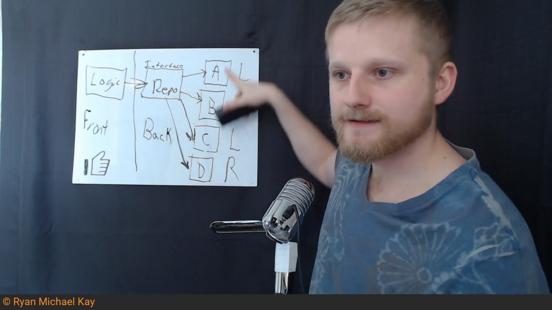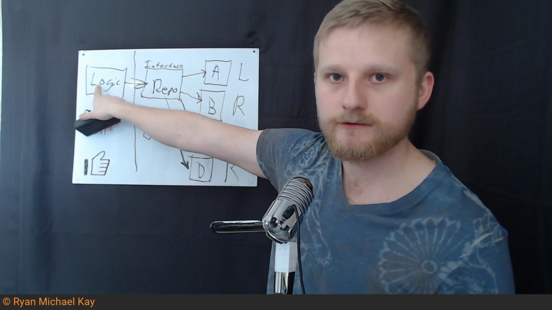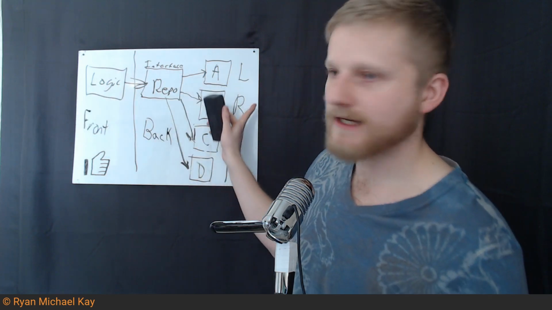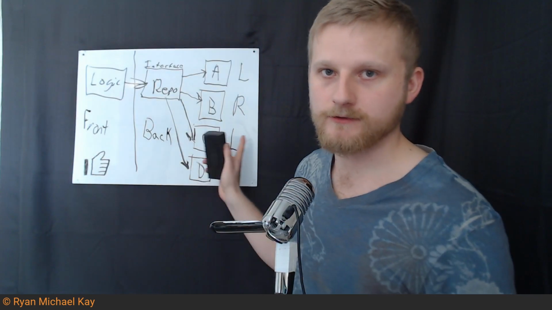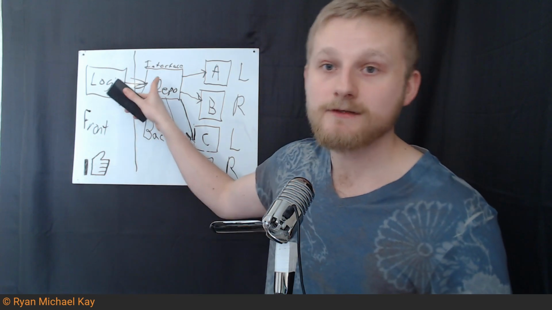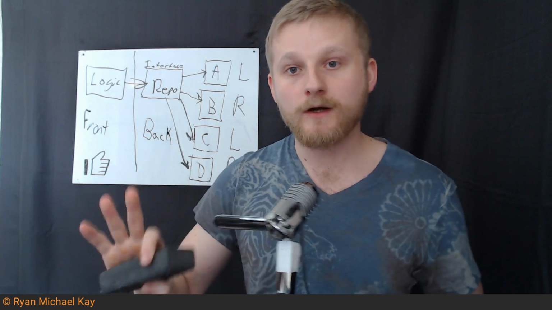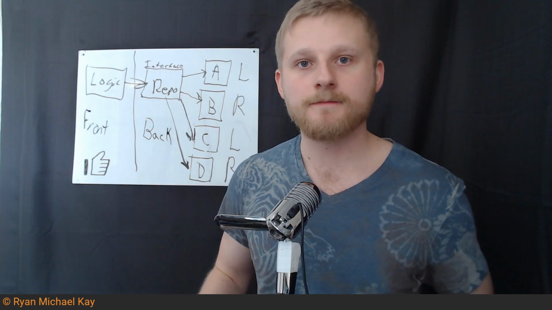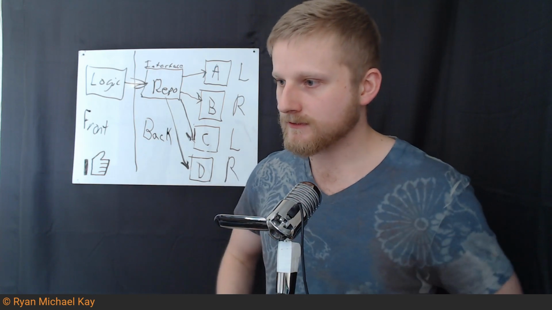This is a back end detail. I should not have to change the front end based on what happens in the back end and vice versa. So that's why we use the repository pattern. And this is why interfaces are actually one of the best things ever. Hopefully that answers your question.